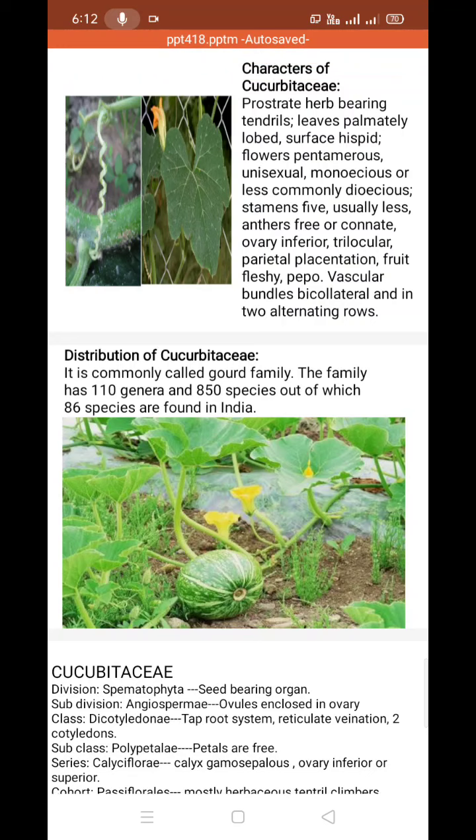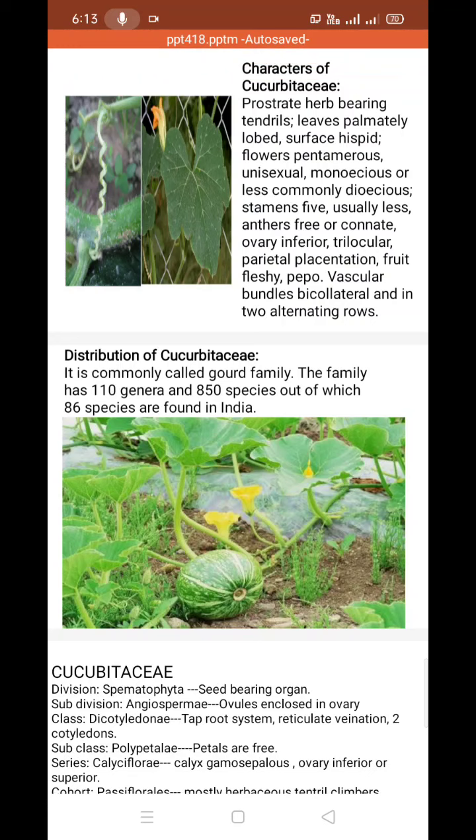Then it is trilocular, contains 3 chambers, and parietal placentation, that means the ovules are attached to the ovary wall. Then fruit fleshy and pepo.